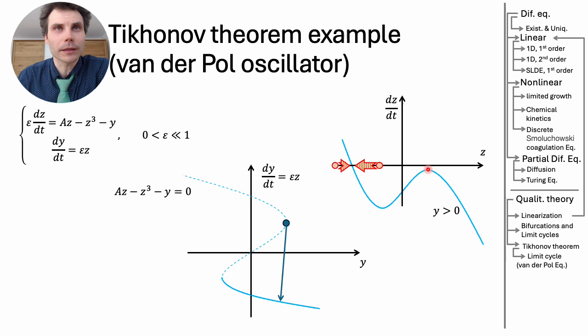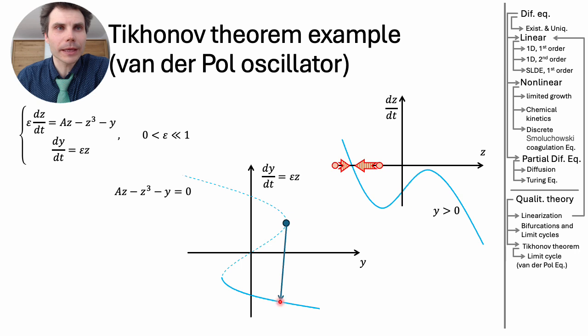What does z do in this case? Z starts sliding quickly towards the only stationary point that remains, and this is the negative one. So once the system travels all the way until the end of this branch, it will fall down onto the next stable branch, and everything will repeat.